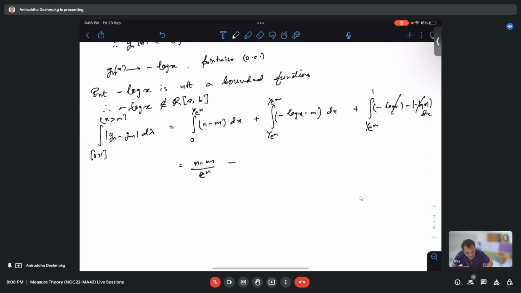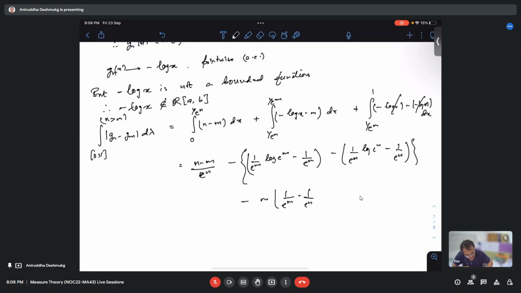So minus 1 over e to the power m log of e to the power m minus 1 over e to the power m, minus 1 over e to the power n log of e to the power n minus 1 over e to the power n. Oh, sorry, minus m times 1 over e to the power m minus 1 over e to the power n.